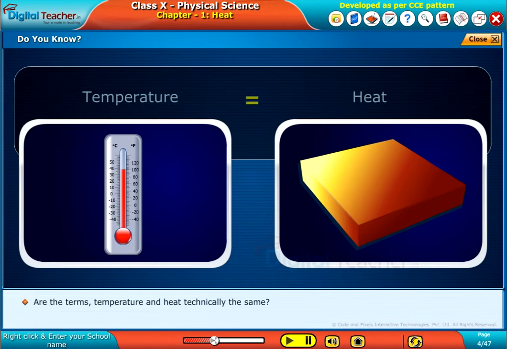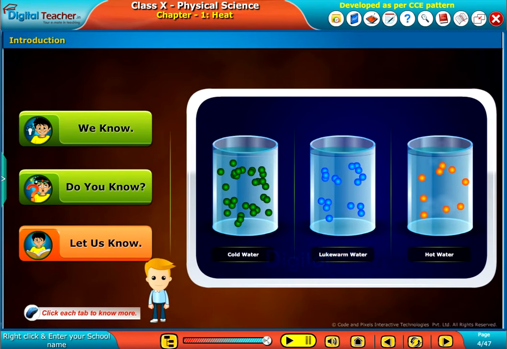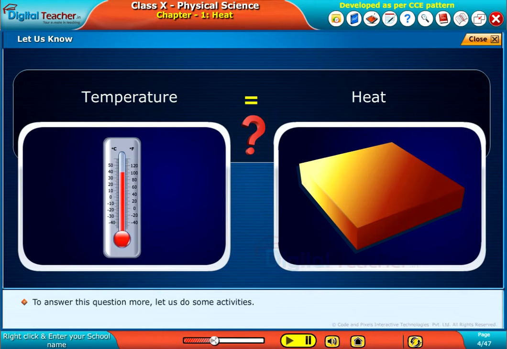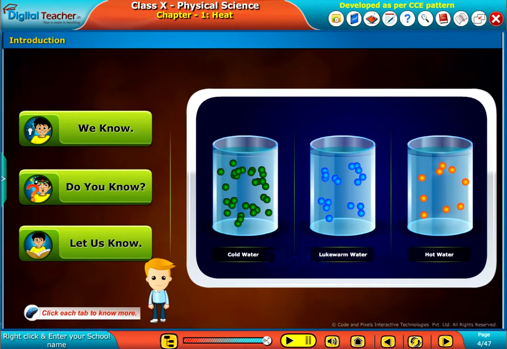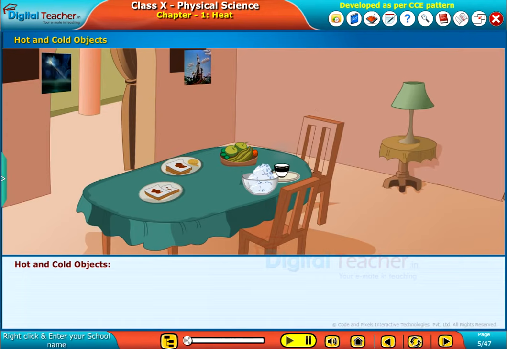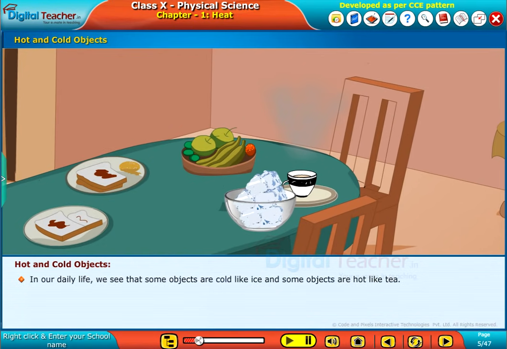Are the terms temperature and heat technically the same? To answer this question, let us do some activities. Let us know about hot and cold objects. In our daily life, we see that some objects are cold like ice and some objects are hot like tea.